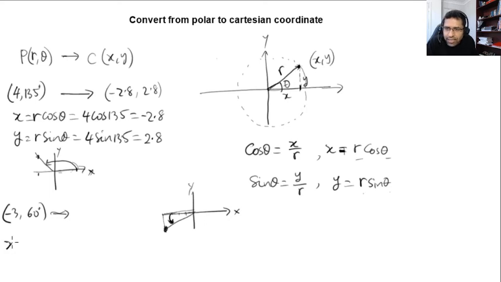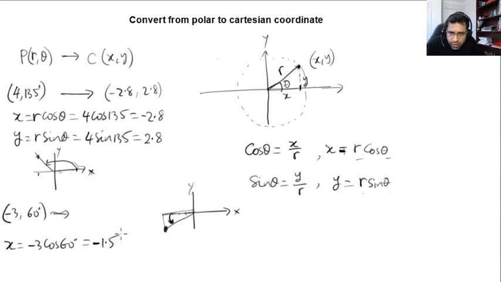If we use x equals r cos theta, that is negative 3 cos 60 degrees, which is minus 1.5.